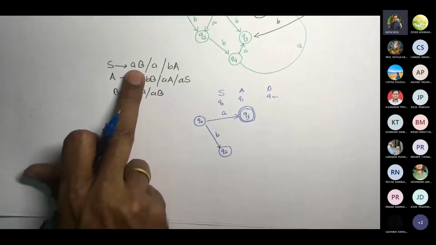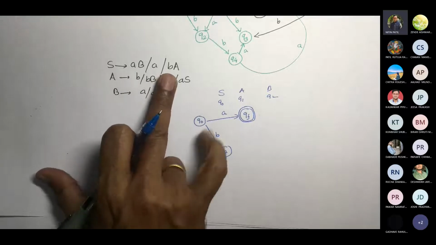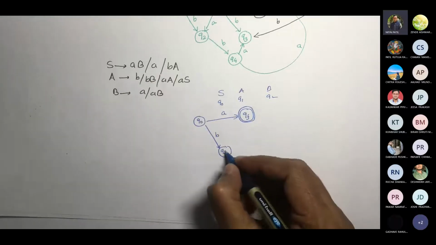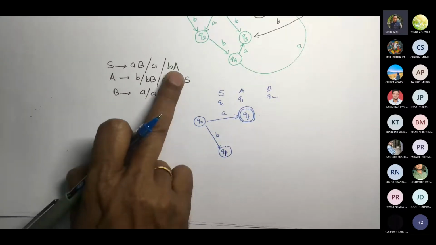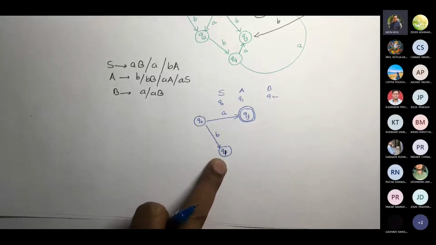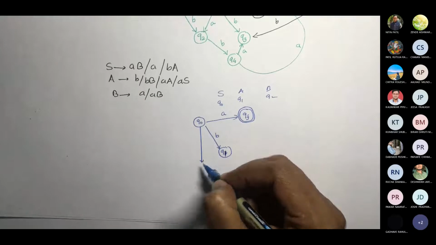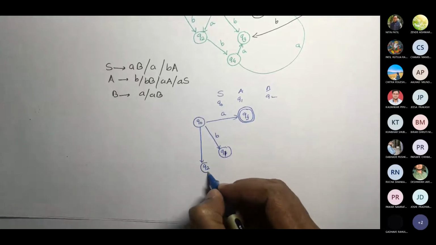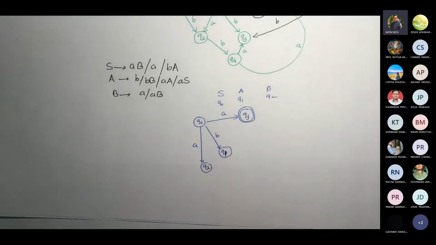Then A, B. Sorry, I took BA, na? So this should be Q1. I took BA, correct? S gives BA. So A I have taken Q1, that's why BA. Now this AB. Is that fine? Check whether it is correct.